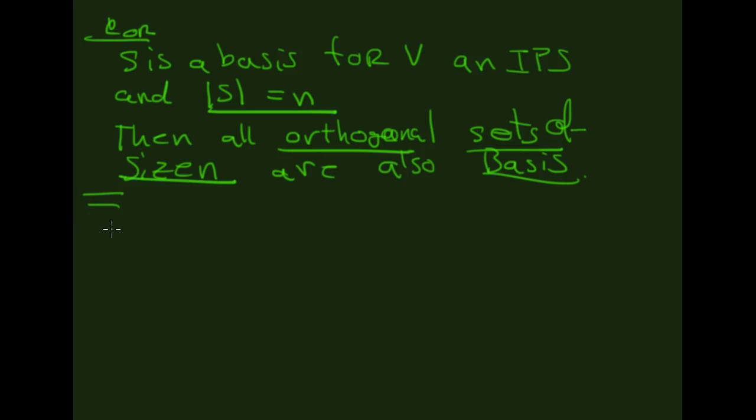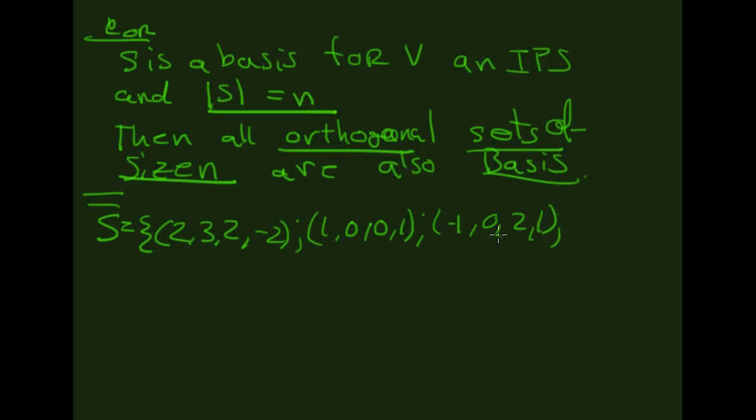So a quick example here. Okay, so let's take a quick example of this. Let's say that S is the set (2, 3, 2, -2), (1, 0, 0, 1), (-1, 0, 2, 1), and (-1, 2, -1, 1). Now, this is something I'm not going to work out, but we'll call these v1, v2, v3, v4.